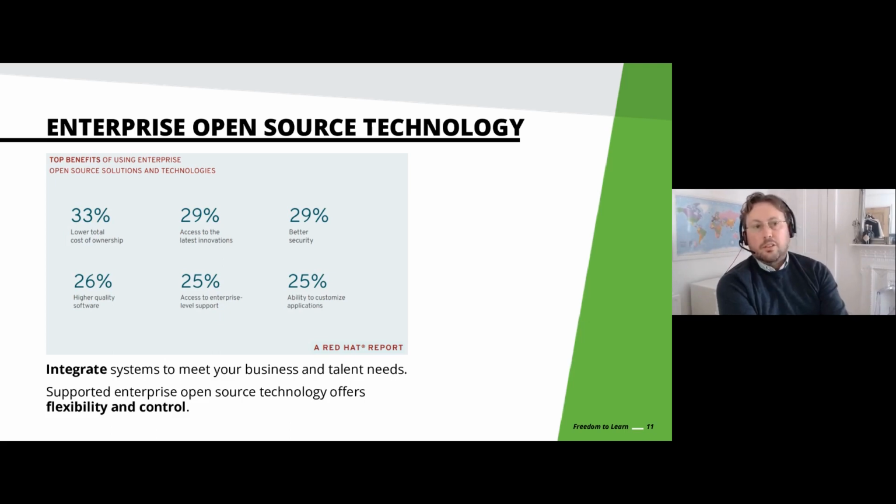The quality of the software typically is higher because there's more eyeballs, there's more support, more diverse support around that technology. It's enterprise ready, and you can integrate and customize readily into the ecosystems that you have available to you. So integration, flexibility, and control are really the three things I think that you should be focusing on when building out your learning infrastructures.